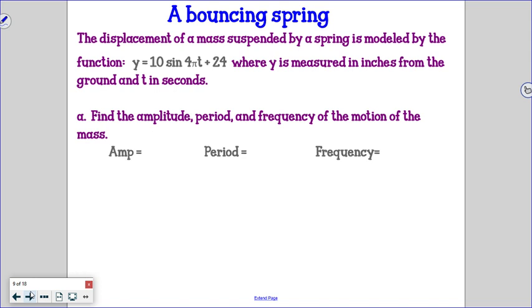I would start with just the amplitude and the period. Remember how to go from an equation to period.